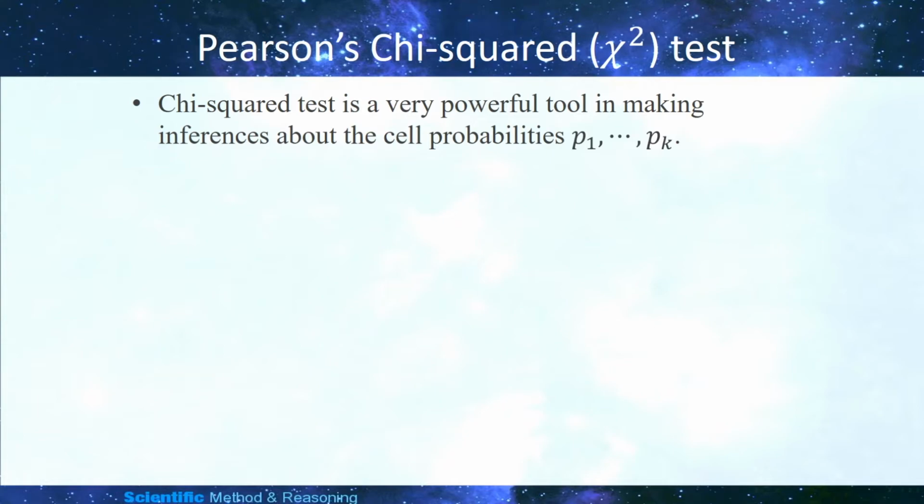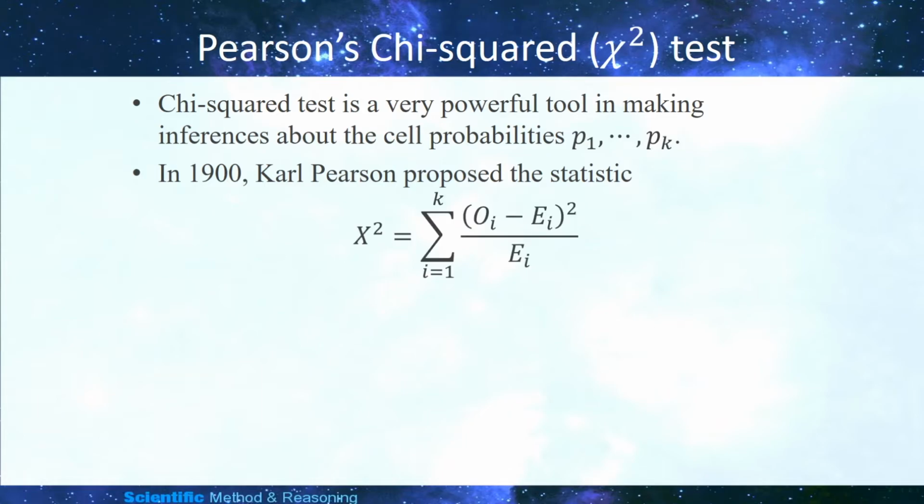And in 1900, Karl Pearson proposed the test statistic, and we call this the Pearson's chi-square test statistic, X squared, equals the sum over i from 1 to k of Oi, the observed frequency of the ith cell, minus Ei, the expected frequency of the ith cell, taking the whole square and then divided by Ei, the expected frequency of the ith cell.